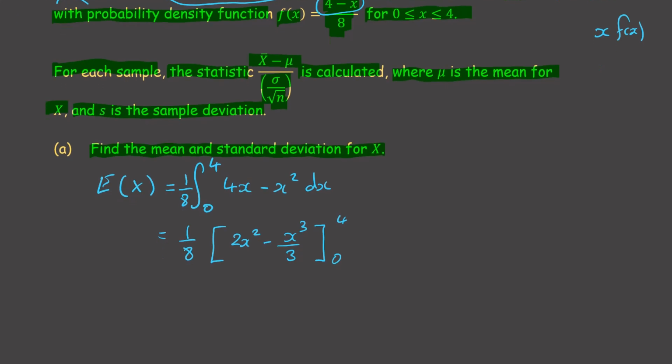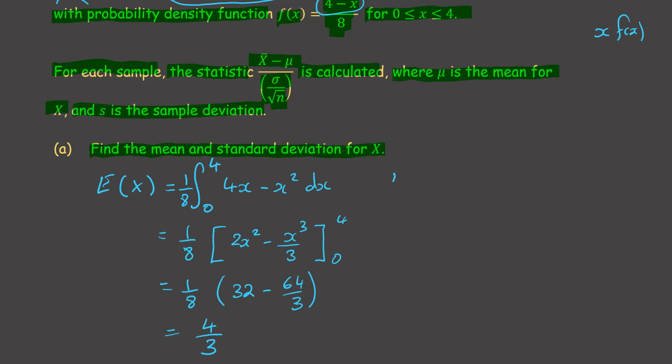Only the 4 is going to give us anything non-zero, so that's going to be 1/8 of 32, take away 64 on 3, and that is equal to 4 on 3 if we calculate it.